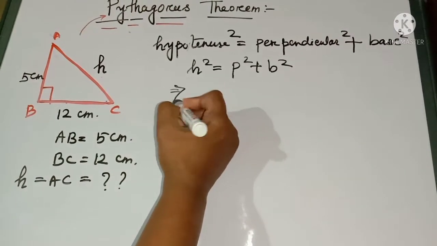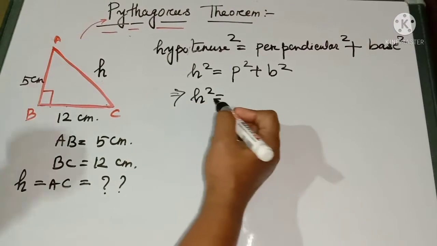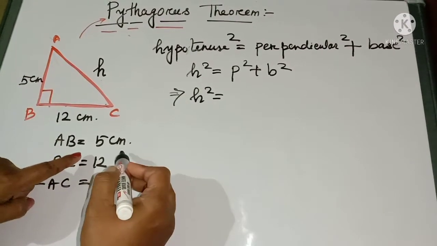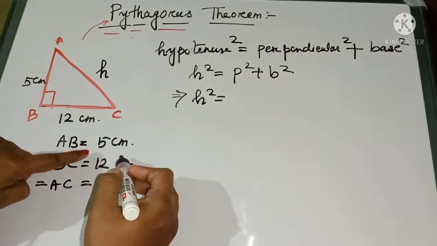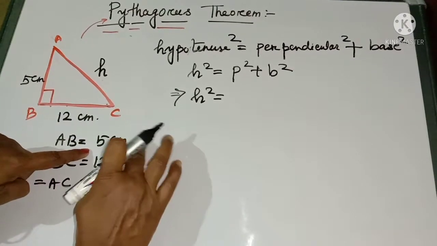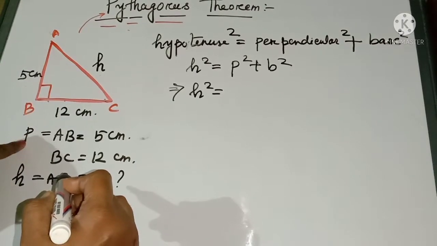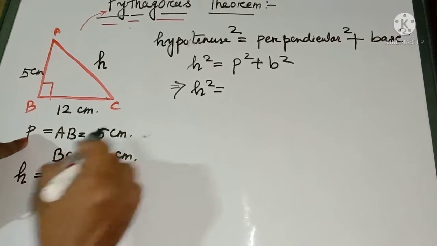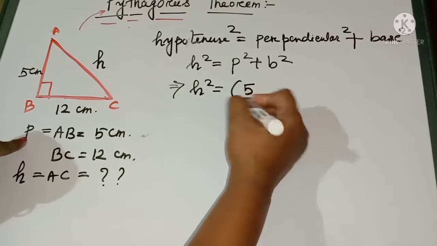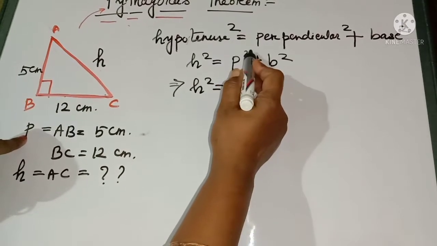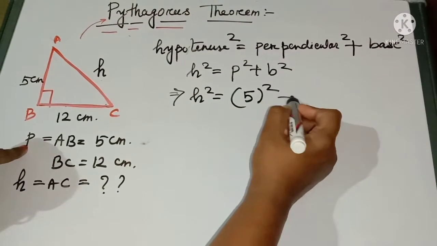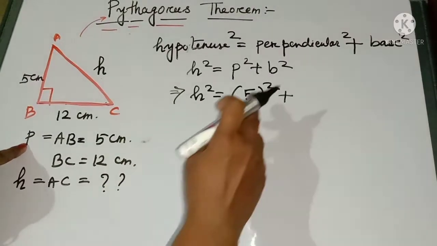So here you write down hypotenuse square equal to, who is the perpendicular? AB is the perpendicular. So perpendicular AB is given as 5 centimeters. So write here 5 square. It is perpendicular square. So 5 square plus base square.